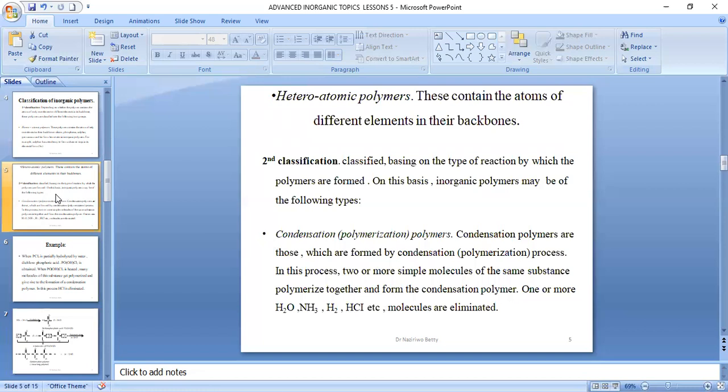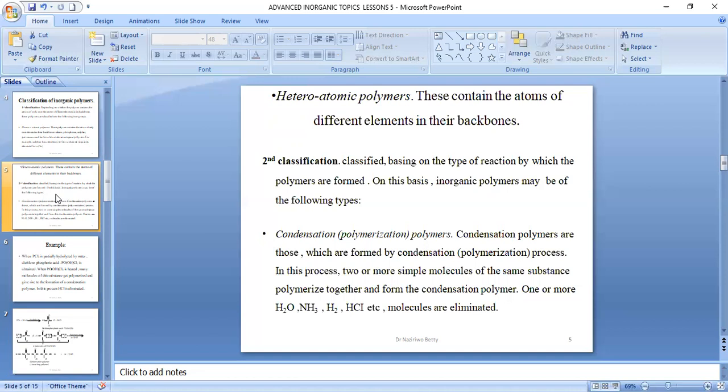The second classification is based on the type of reaction by which the polymers are formed. They may be of two types. We have the condensation polymers.